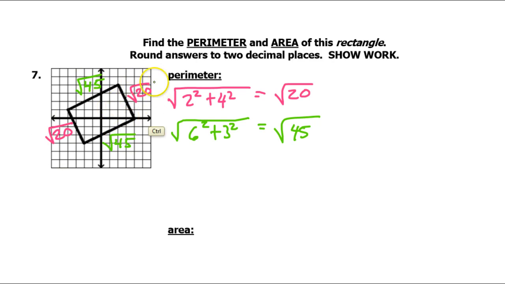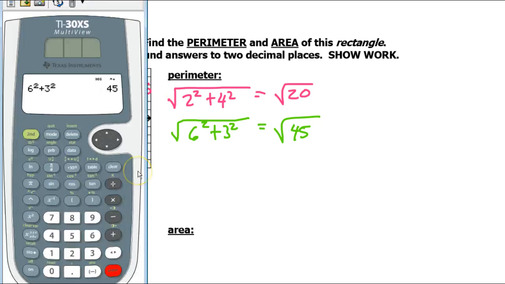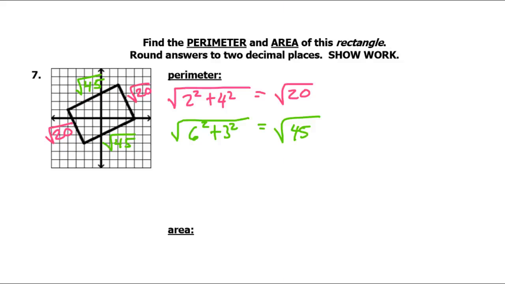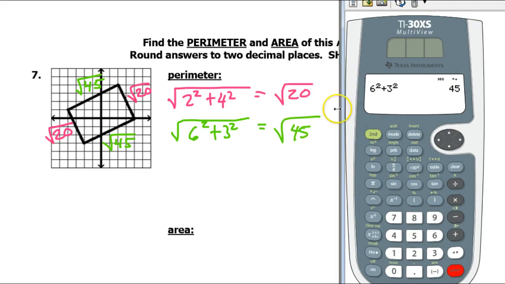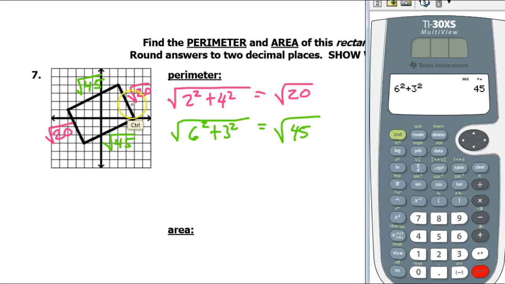So for the perimeter, I just need to add all these up. I'll take a small shortcut here that you can take advantage of.